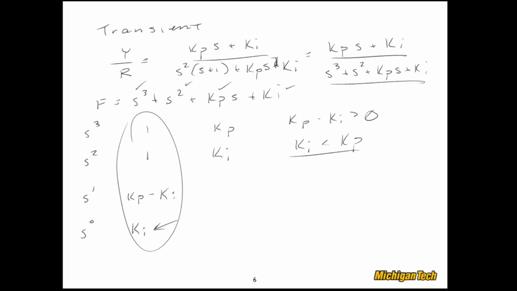Well, what happens when Ki equals Kp? In that case, this row becomes all zeros. And that means that we pick up an auxiliary equation made from this row, which would be s squared plus Ki.